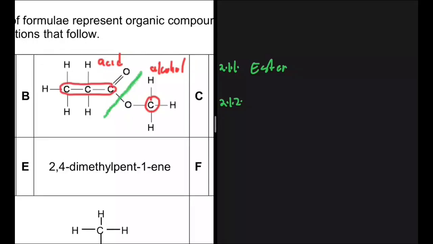So when we name this ester, the name is going to be methyl propanoate. So this methyl here is coming from the fact that the alcohol that was used is methanol. If the alcohol that was used was butanol, then the name would start by saying butyl. And then the propanoate is coming from the acid that was used, propanoic acid.